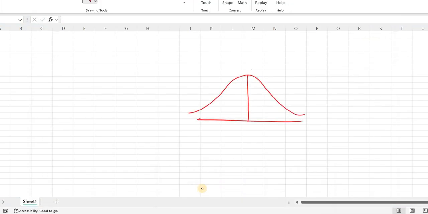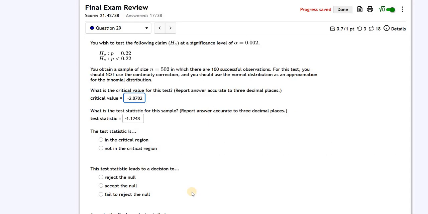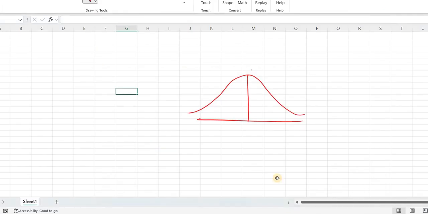As you can see here, the critical value is approximately negative 2.8. Negative 2.8 is almost here, so that is the critical value. The test statistic is negative 1.12.